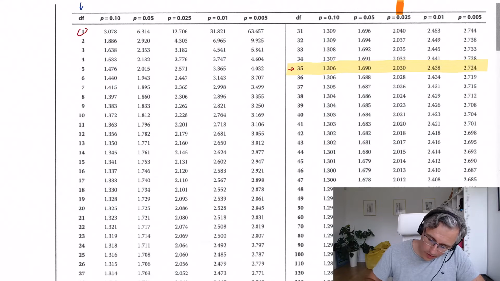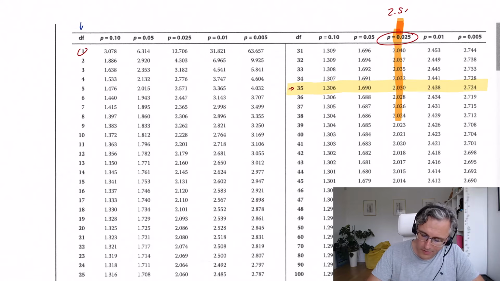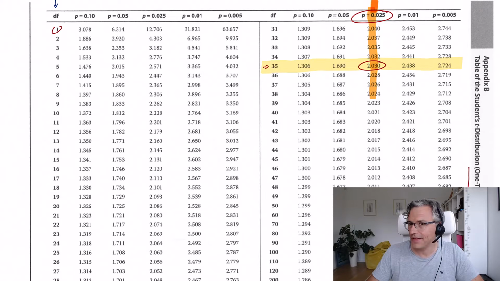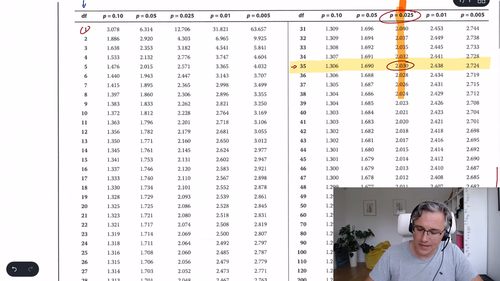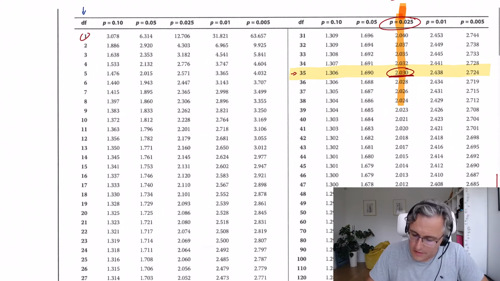This is the column over here where I see 0.025, which corresponds to 2.5% in the tail. And this is a table with one-tailed probabilities, so absolutely in a single tail, not in both tails added together. See this, 2.030, this is going to be my so-called critical value.